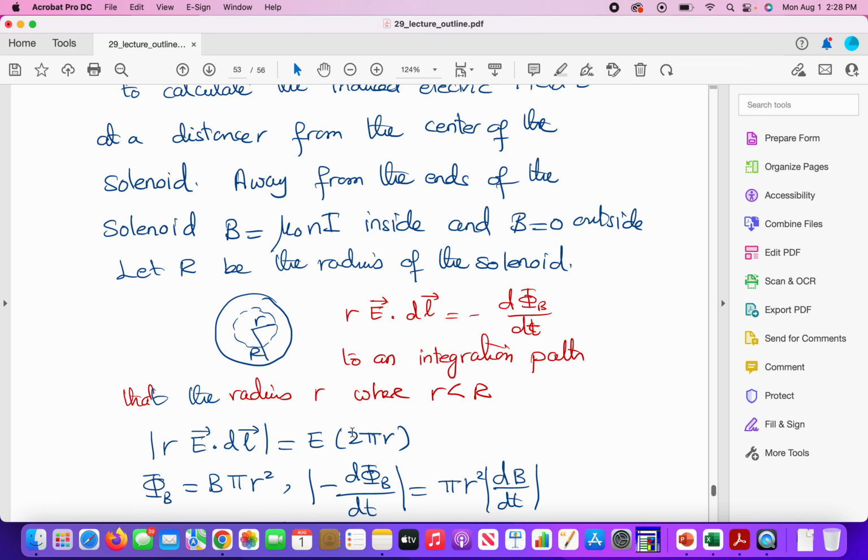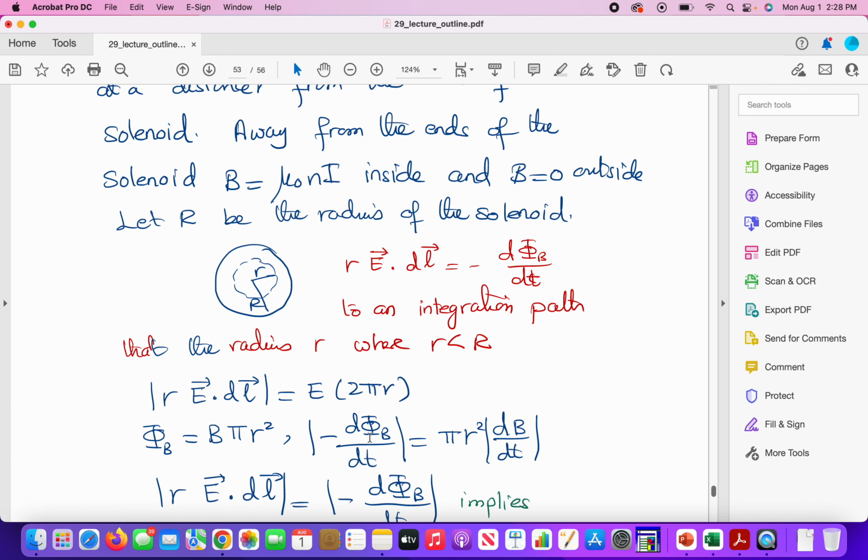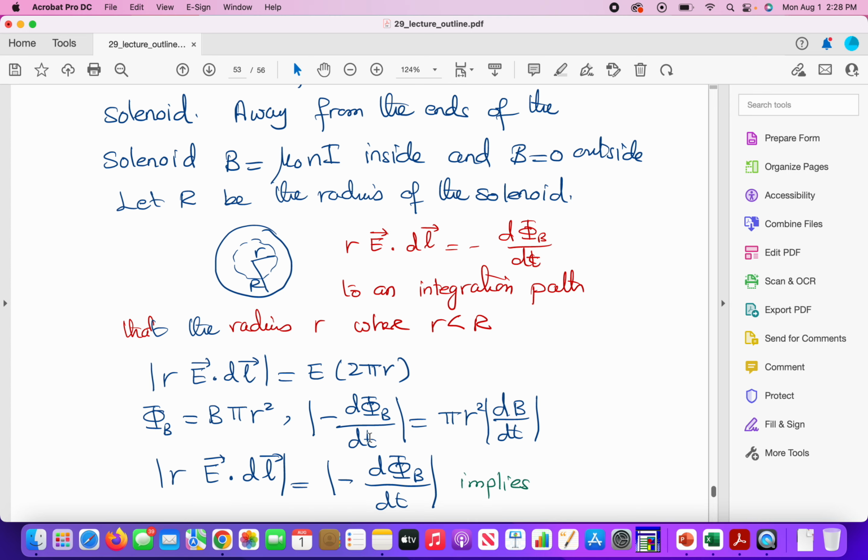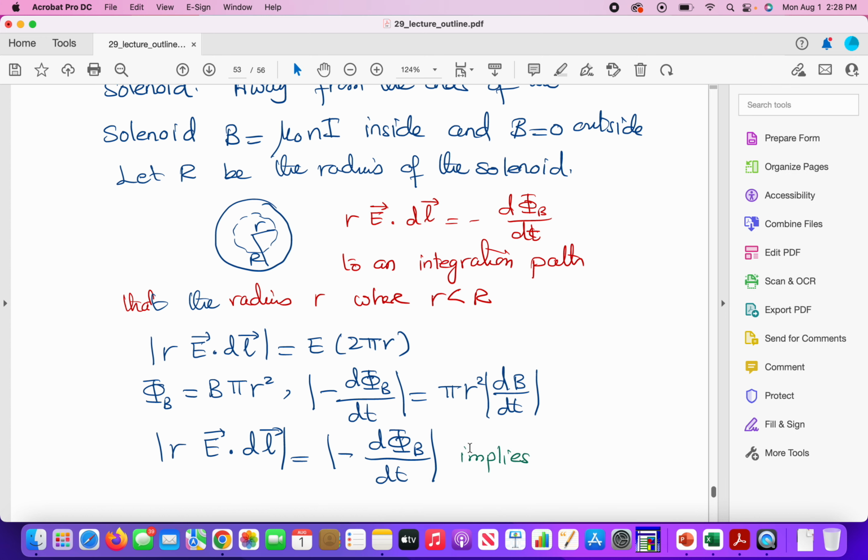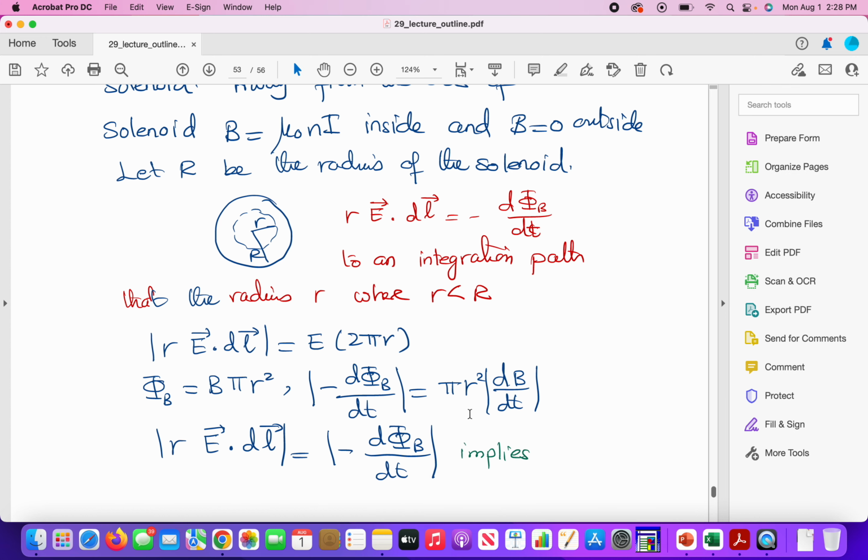Now here I will say this is the left hand side, and this one is the right hand side. I need to calculate the left hand side. This is E times dl, which is 2 pi r. Then for the right hand side, we can calculate that as pi r squared dB over dt.